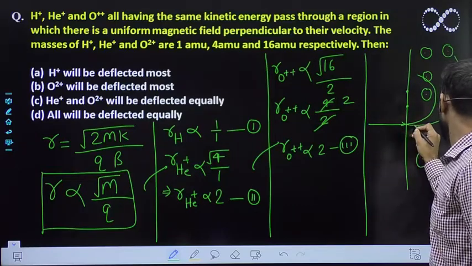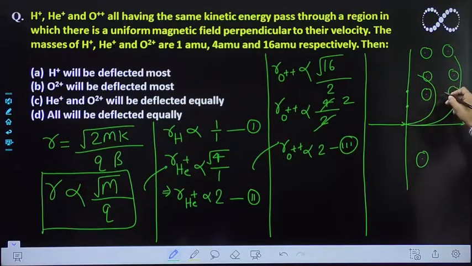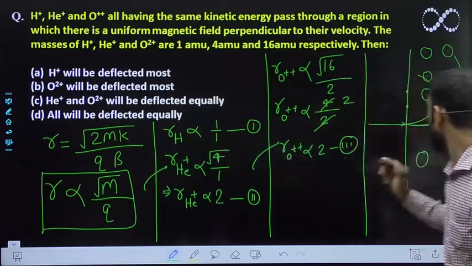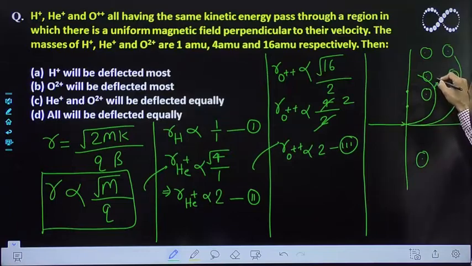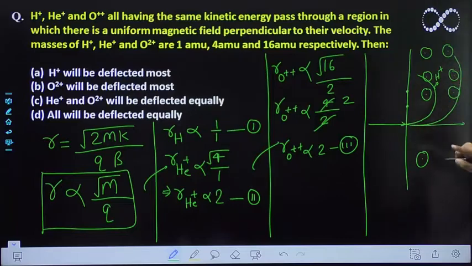You can easily see that for this circle the radius is less. This is the path of hydrogen. And this is the bigger circle, the outer one, and hence the radius of this one is large.